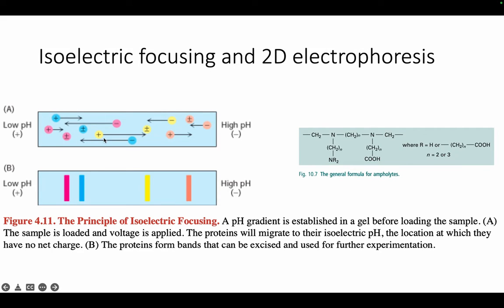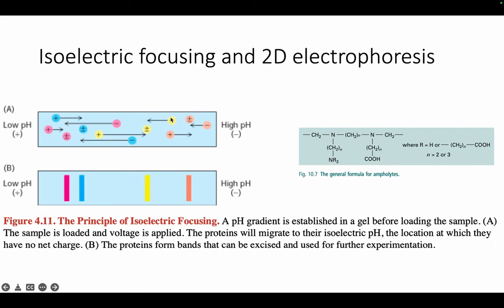These proteins will move on the basis of their charge until they reach their pI. Okay, so here we can consider this yellow protein. When it is on the low pH side, it is positively charged, so it will move towards the negative electrode.